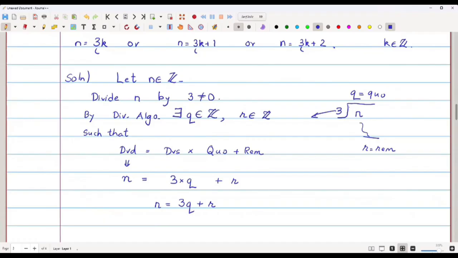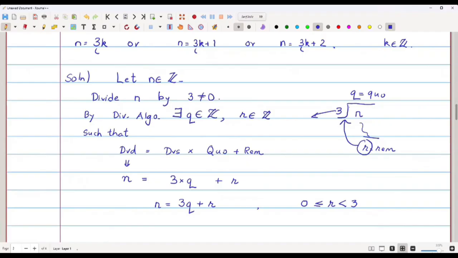And now if you remember the statement of division algorithm, this r had some limitations. This remainder, we have seen in the statement, is always smaller than 3. But the remainder can be 0 also. In some cases the remainder can be 0. So the remainder should lie between which two numbers? It should lie between 0 and 3. It cannot be equal to 3. We have seen this in the above example when I just stated the division algorithm, right?